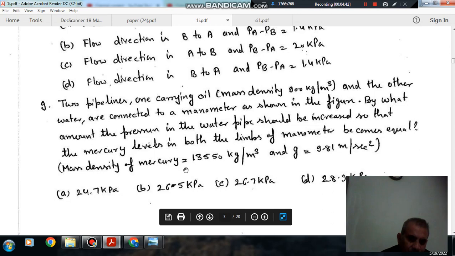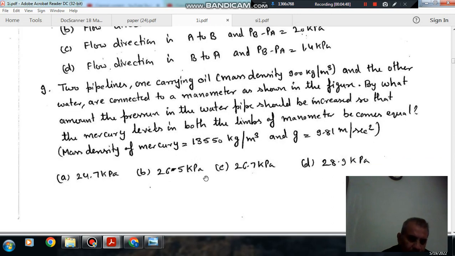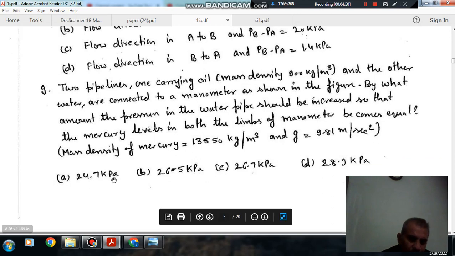Mass density of mercury is 13550 kilogram per meter cube and g is 9.81 meter per second squared. Option A 24.7 kPa, option B 26.5 kPa, option C 26.7 kPa, option D 28.9 kPa.